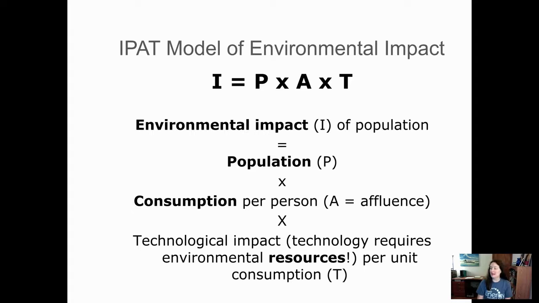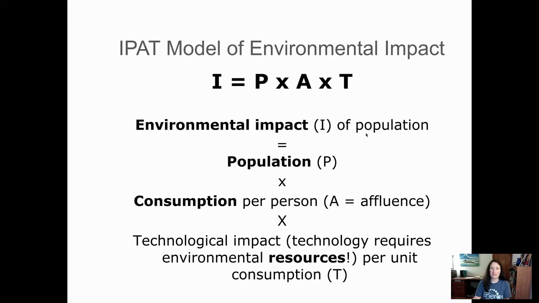So this slide here is talking about the IPAT model of environmental impact. And this is a formula to look at how much of an impact something or a population has on the environment. It's essentially an ecological footprint formula, if you want to think of it that way.